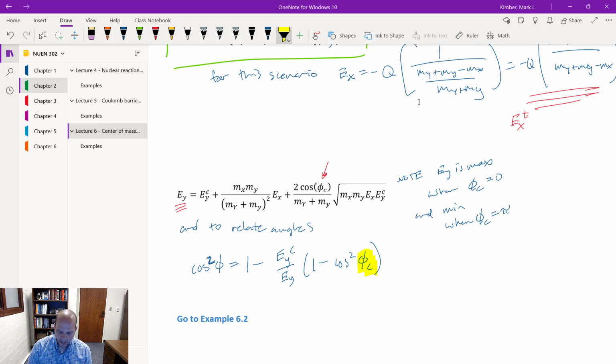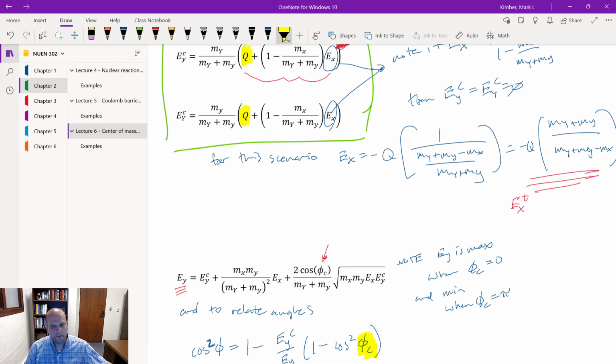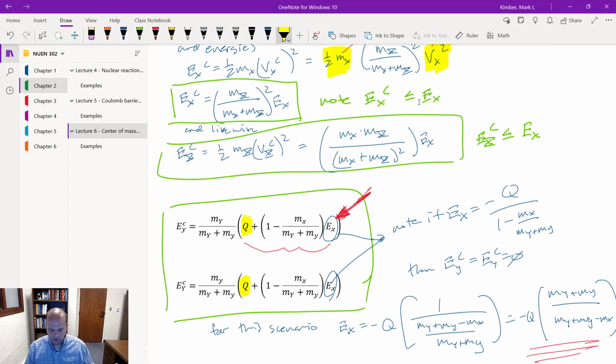Typically I'm going to know that, or I'm going to consider some range of that from 0 to 90 degrees or 0 to 180 degrees. I'm going to know something about EX. Because I know the masses and I know EX, I can calculate the Q value.